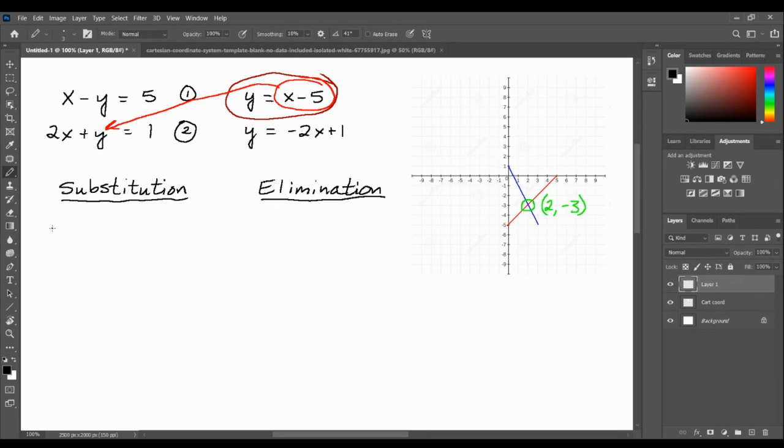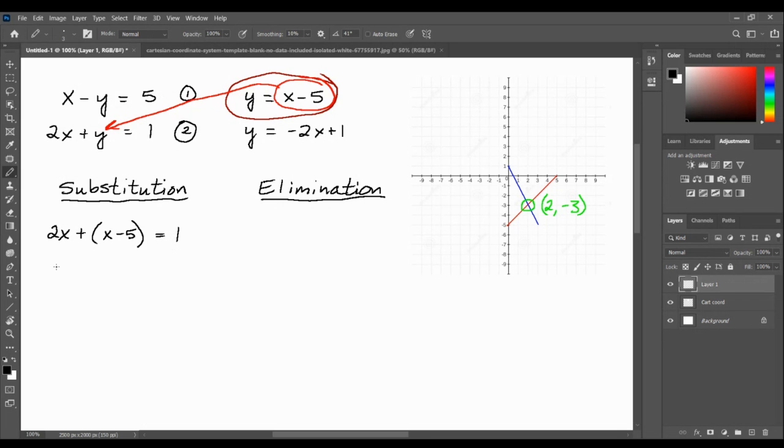I've now got 2x plus y, which equals x minus 5, and that equals 1. So we solved equation 1 for y and then substituted that in for y in the second one. And now you can see I only have one variable.